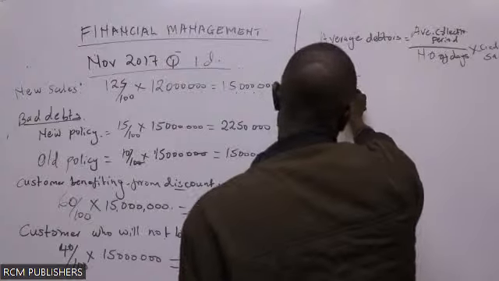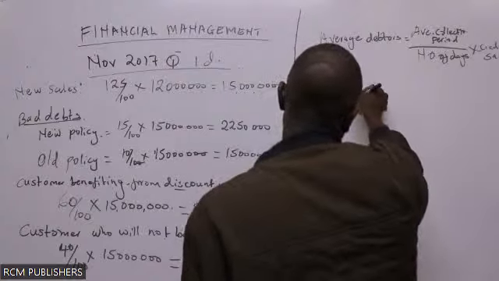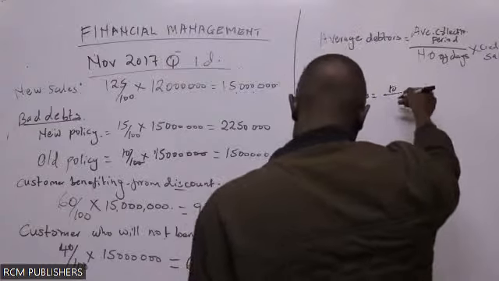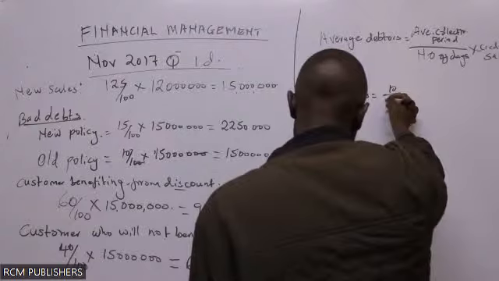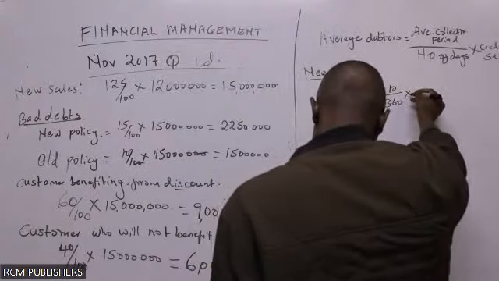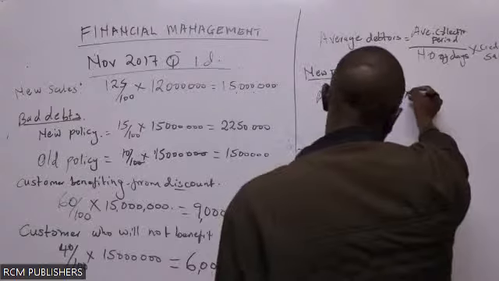So average debt is equal to 10 over 360 days, and then I multiply by my credit sale.